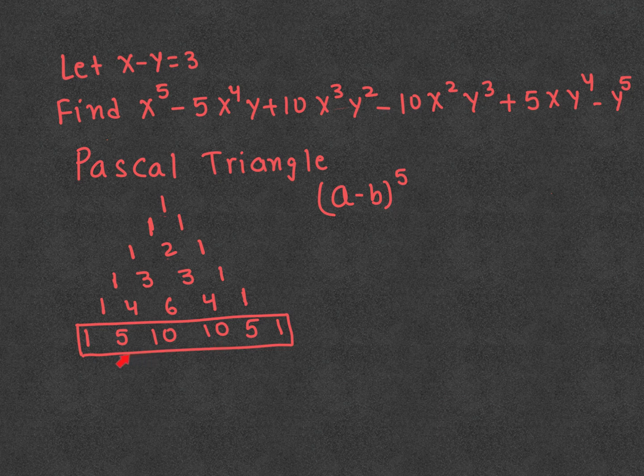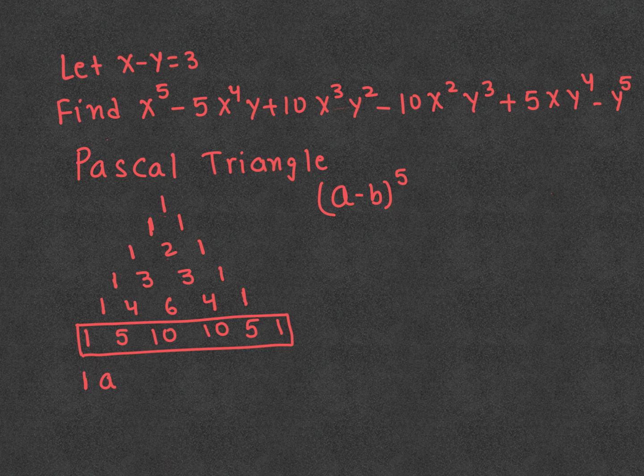In this way you can open any binomial with power a minus b or a plus b to the power 6, 7, 8 or any number, and use this triangle to get the coefficients. Now in this case we only need up to the 5, so we are going to treat this as our coefficients. So the first coefficient for us is 1.